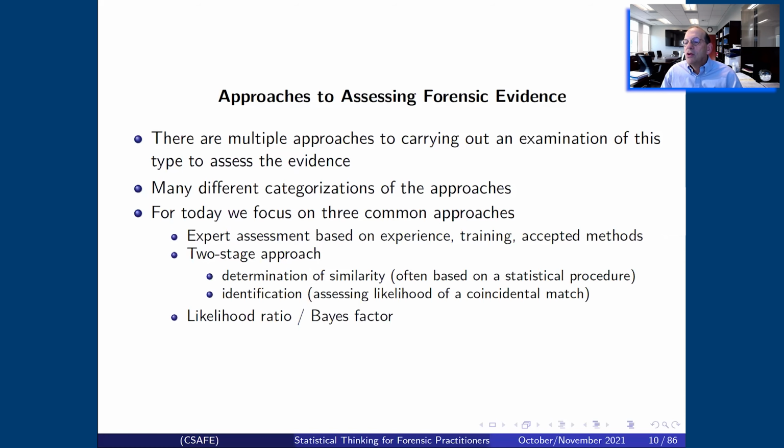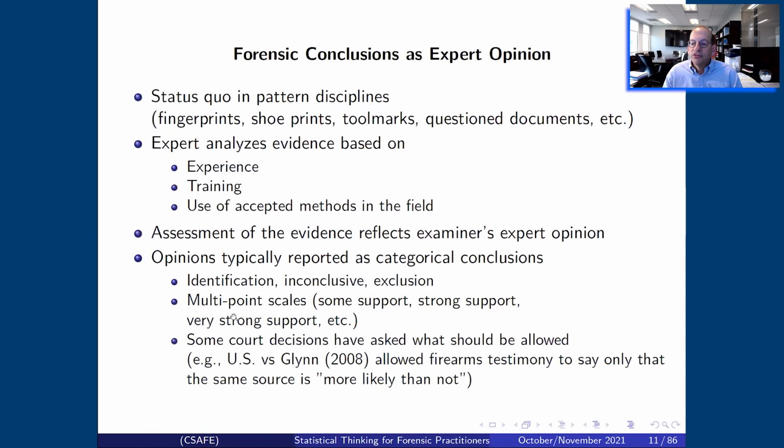The first, trying to determine if the crime scene and suspect samples appear to be indistinguishable, match. We can think about different ways of describing that. And then the second stage to assess how likely it is to get a coincidental match. And then the third approach, the likelihood ratio and the Bayes factor.